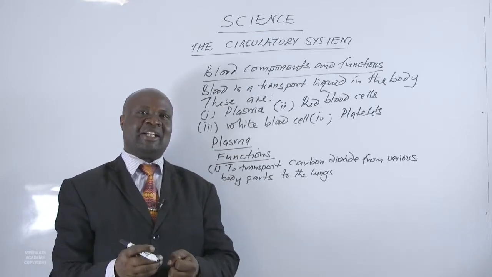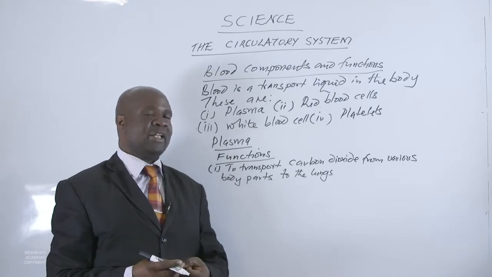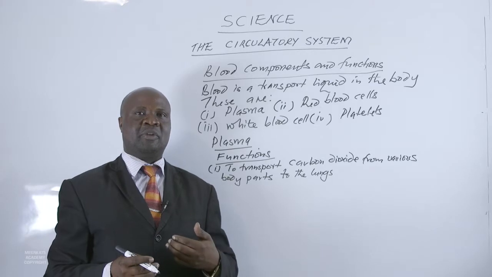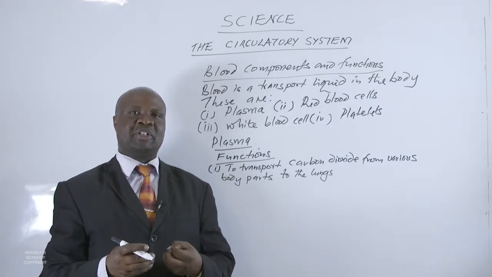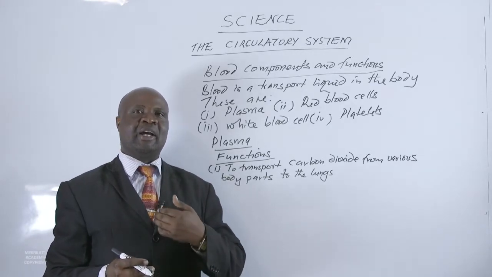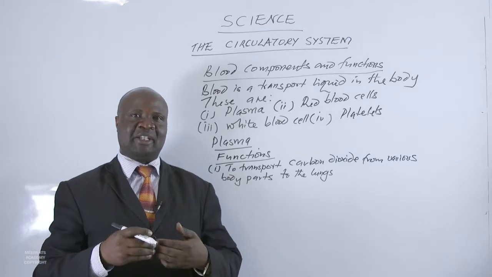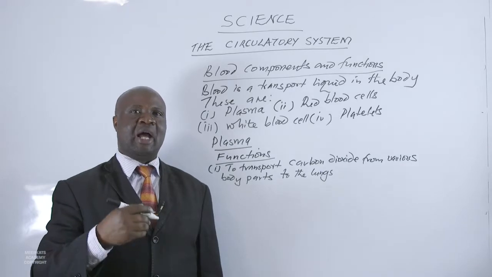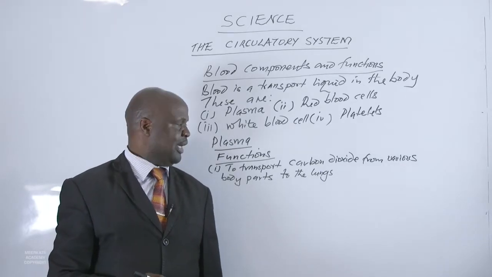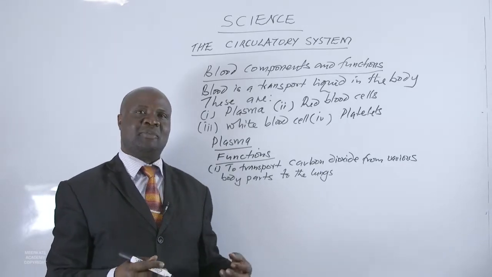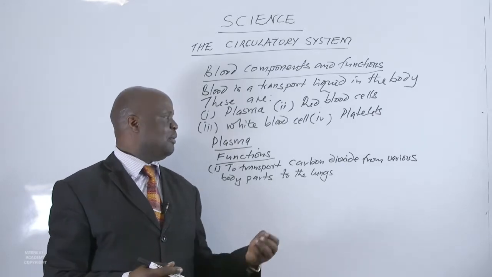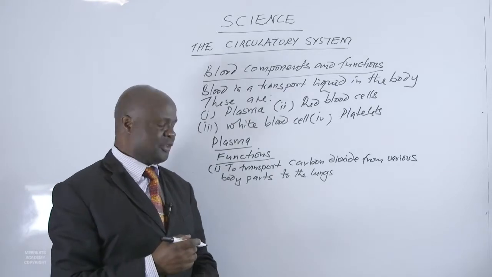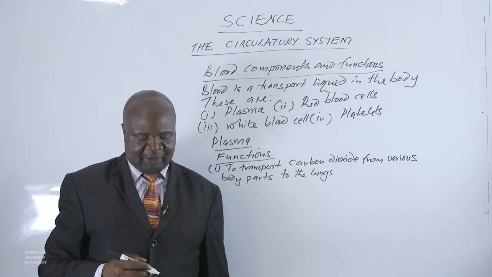It is then released through the bronchioles, bronchus, then trachea, to the nasal cavity, and lastly out through the nose. That's how we breathe out carbon dioxide, after it has been transported to the lungs by the plasma. That's just one function.